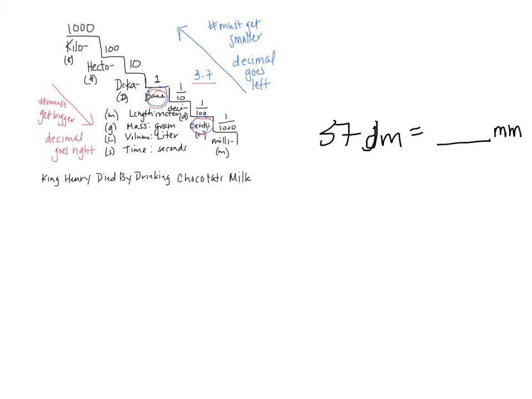So think about it for a second. What do these mean? What does lowercase d as a prefix stand for? You should be saying deci. And then what does the base unit m stand for? Meter. Right? And what about mm? That's a millimeter. Okay?